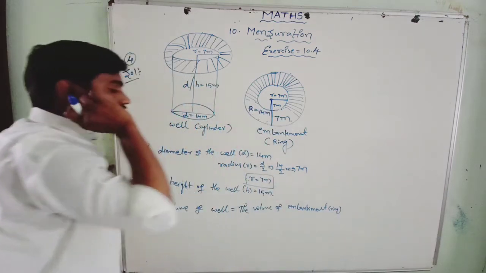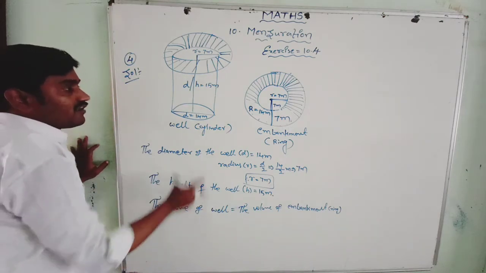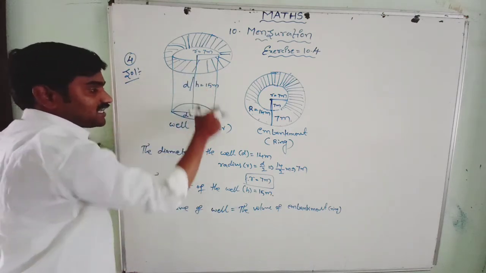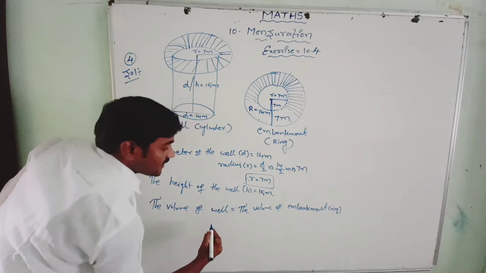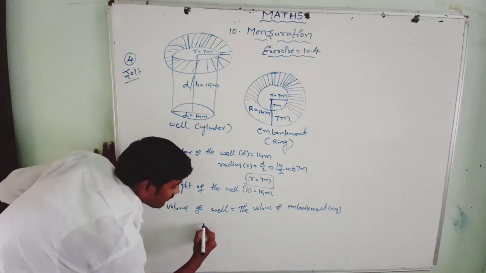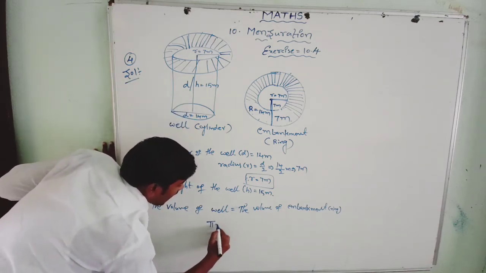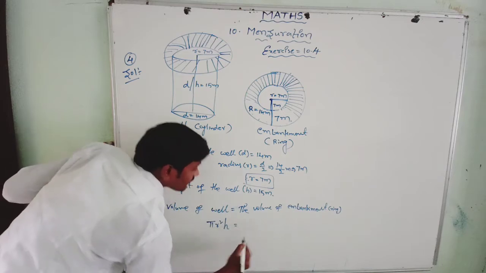The volume of the well is nothing but a cylinder. The volume of cylinder equals pi r square h.